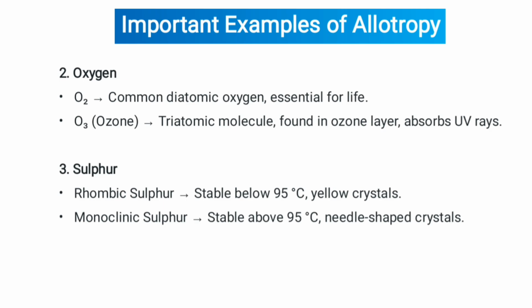And the third one is sulfur. Rhombic sulfur is stable below 95 degrees centigrade, with yellow crystals, and monoclinic sulfur is stable above 95 degrees centigrade, with needle-shaped crystals.